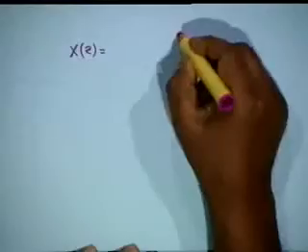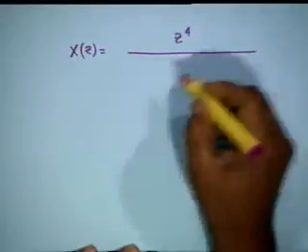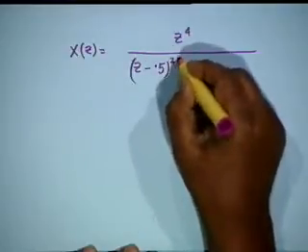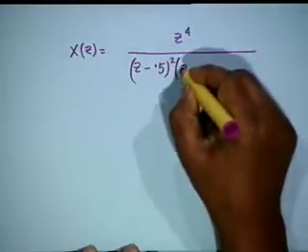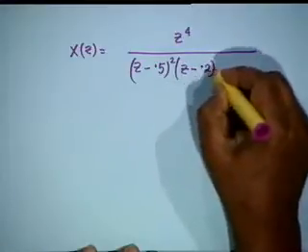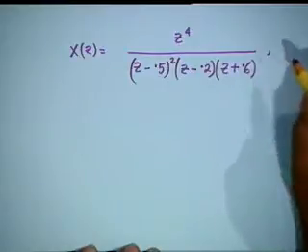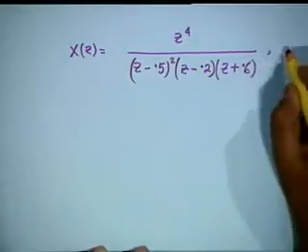Now, let us take an example of multiple pole and illustrate how we carry out the actual calculations. My capital X of z is given as z to the power 4 divided by z minus 0.5 whole squared, z minus 0.2 and z plus 0.6. The ROC must be specified.